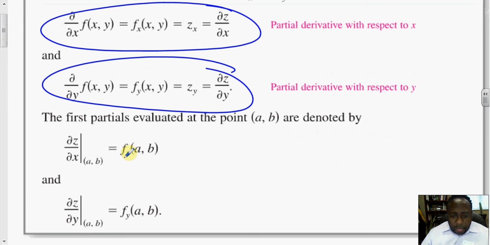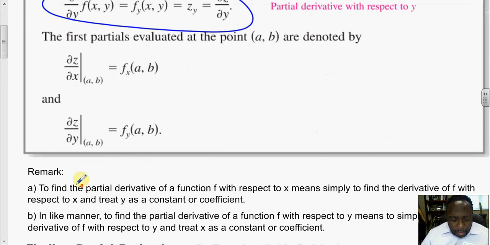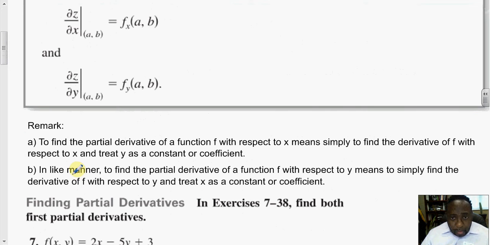And then for evaluation purposes, we evaluate the partial of z with respect to x at the point (a, b), and likewise to evaluate the partial of z with respect to y. Now for my remark here, I think it is important: to find the partial derivative of a function f with respect to x means to simply find the derivative of the function with respect to x, and then you treat y as a constant or coefficient.